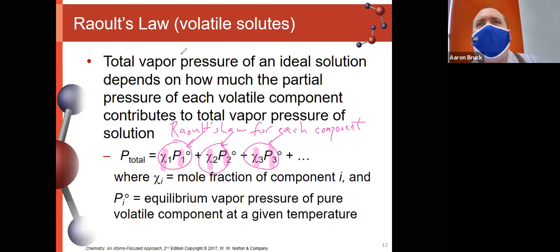So the total vapor pressure is going to be lowered, but it's going to be lowered in the sense of it's going to be an average of all of the components. So it's going to fit in somewhere between the highest vapor pressure and the lowest vapor pressure. It's going to be somewhere in the middle. Where depends upon the calculation, the proportion of one component to the other.